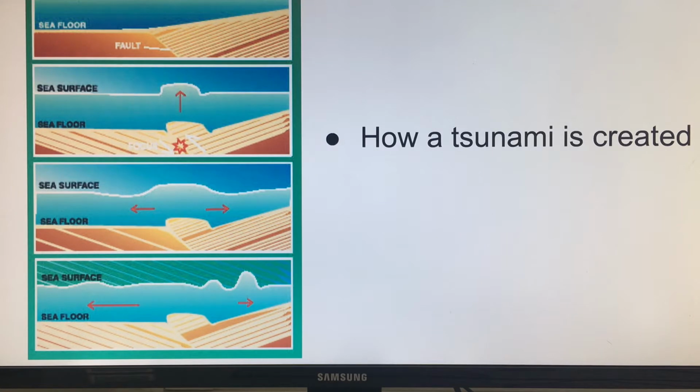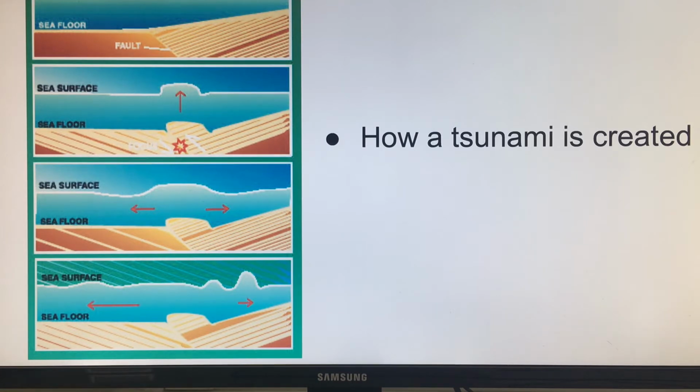So, how is a tsunami created, generally? We have the sea surface, which is the normal water waves, the sea floor, which is the bottom of the ocean, and the fault line under the ocean. A tsunami can generally be created by asteroids and meteorites, earthquakes, landslides, and volcanoes.